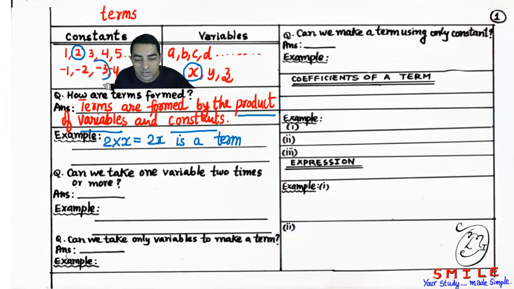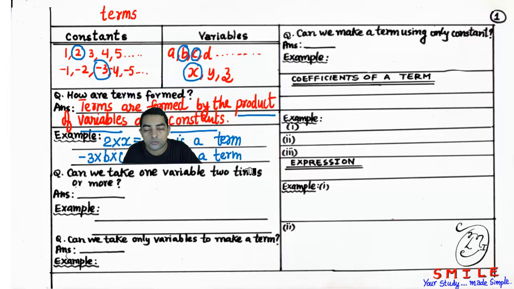This time we'll select -3 as the constant, multiply it with b as one of the variables and c as one more variable. So the answer will be -3bc. So it is also a term, right? So how do we obtain a term? We obtain a term by multiplying a constant with a variable.